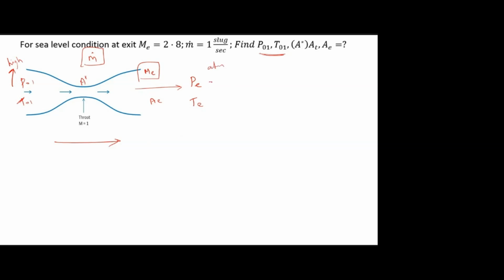So the sea level condition at the exit. Here you should take it as 1 atm, and maybe 300 Kelvin or 288 Kelvin. Is it clear? From the isentropic table you can find P naught E by PE, T naught E by TE. So PE, TE is known. You can find T naught E, P naught E, which is equal to P naught 1, T naught 1. Correct? Next step, A star, AE.